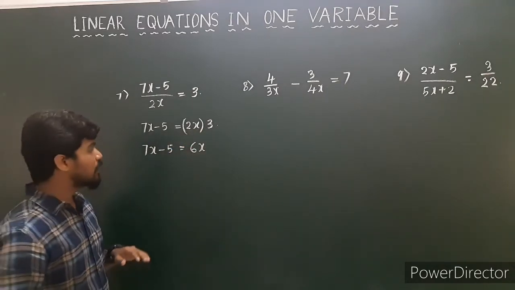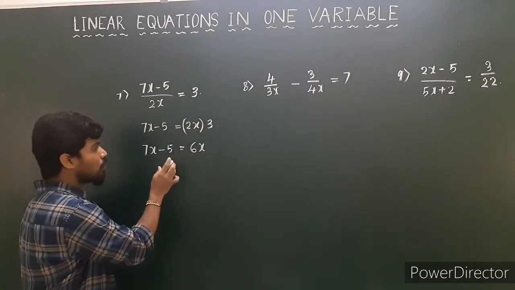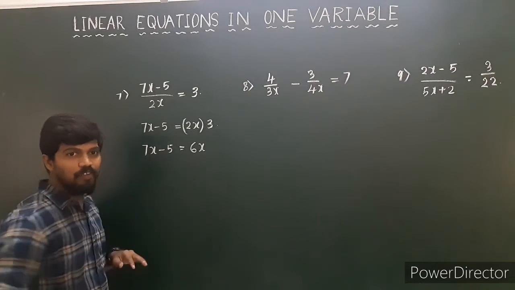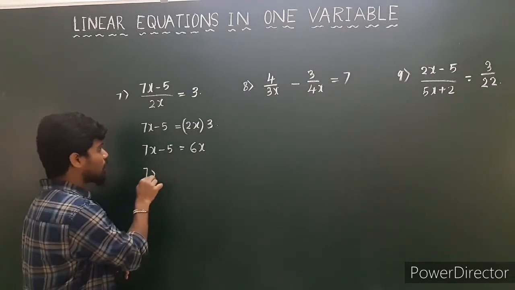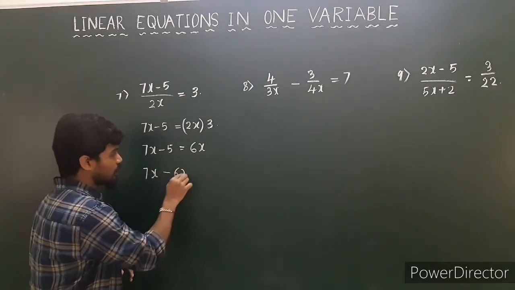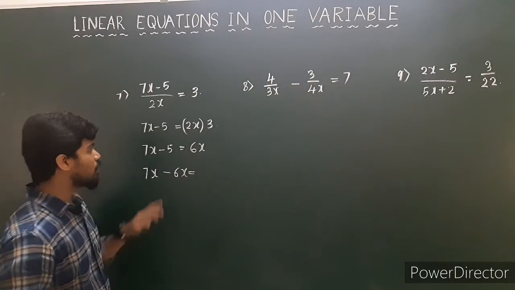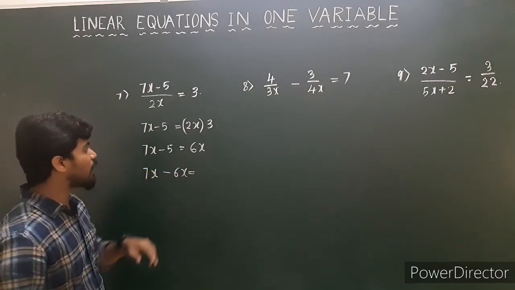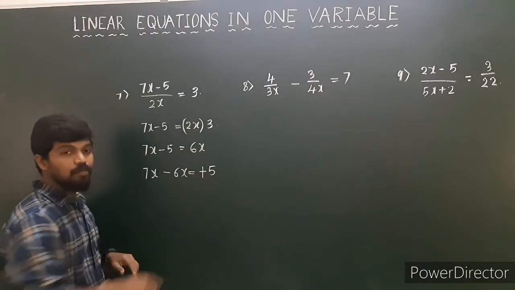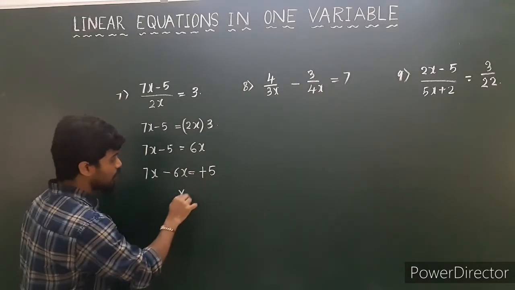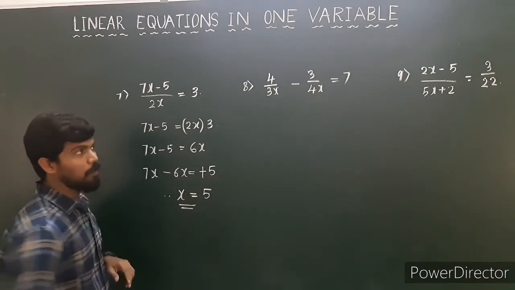Now transpose 6x to LHS and minus 5 to RHS. So 7x minus 6x, when you transpose 6x to LHS, you get minus 6x. When you transpose minus 5 to RHS, you get plus 5. So 7x minus 6x, you get x. x is equal to 5. Therefore, x is equal to 5.